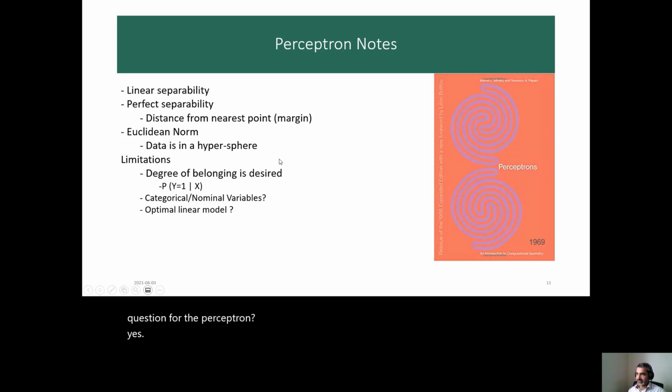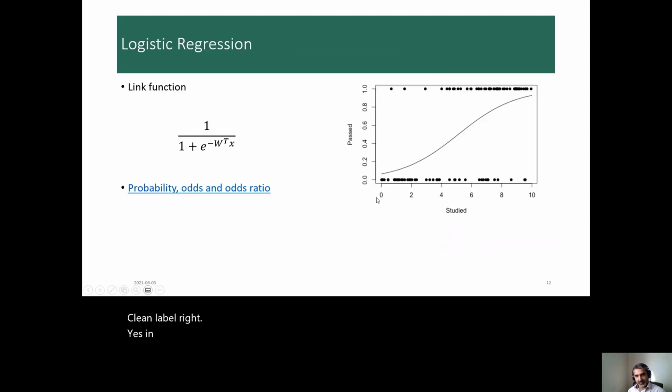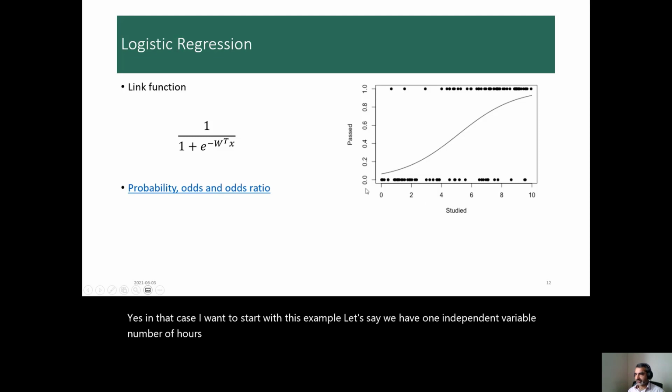So you agree that the estimate should be degree of belongingness, not just a plain label, right? Yes. In that case, I want to start with this example. Let's say we have one independent variable, number of hours studied, and the dependent variable is binary, pass or fail.